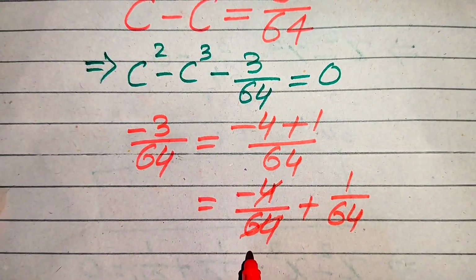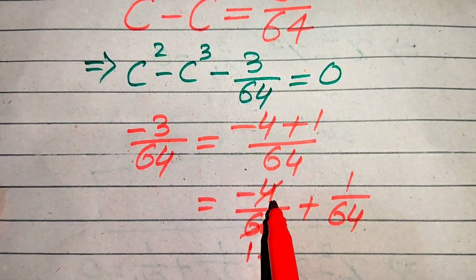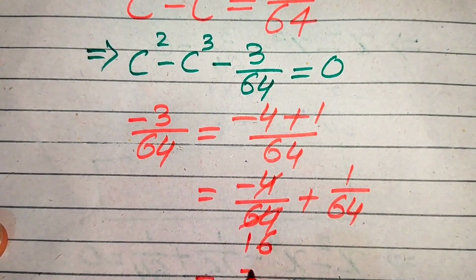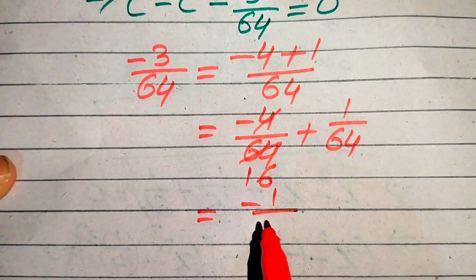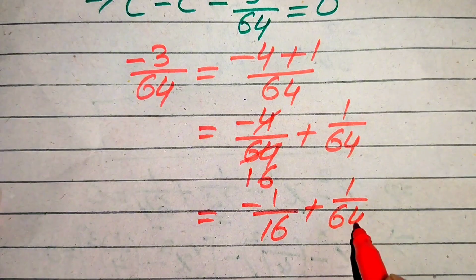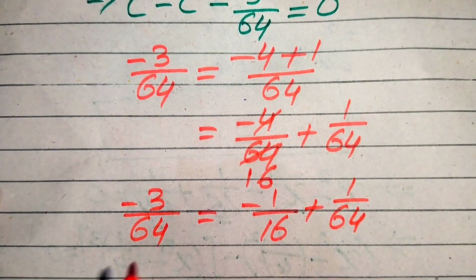You see here 16 times of 4 becomes 64, and we obtain minus 1 over 16 and plus 1 over 64. It is equal to minus 3 over 64.